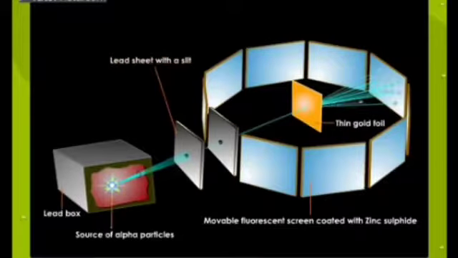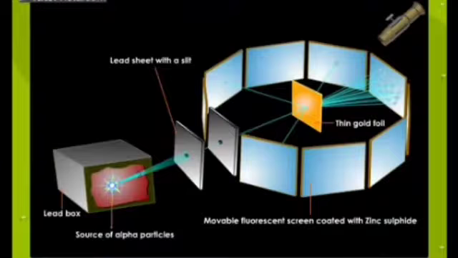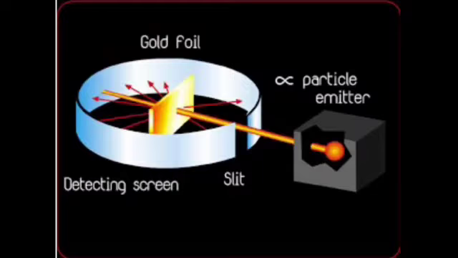You can see how these alpha particles were bombarded on the thin gold foil, and how they were scattered on the fluorescent screen coated with zinc sulfide, producing a scintillation, a lightning effect. It appeared differently at different places and could be seen with the help of an instrument. This is how Rutherford's experiment was conducted.